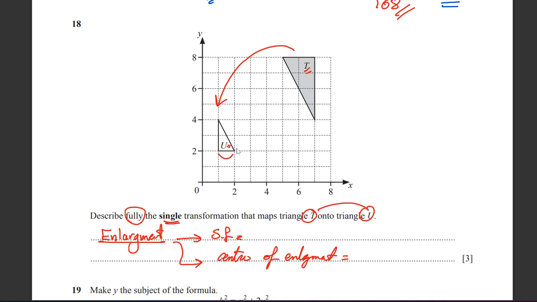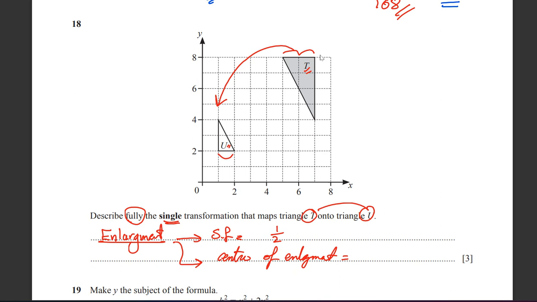Any problem? Yes, we have one problem here. When this triangle is enlarged to this triangle, is it the same orientation or did the orientation change? The orientation changed, so I will put a negative here.